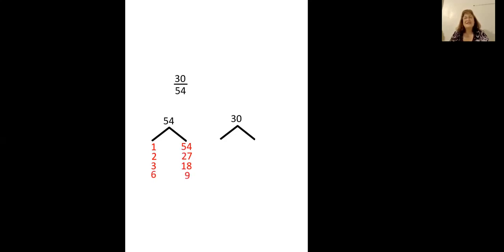The factors of 30 are 1 and 30, 2 and 15, 3 and 10, and 5 and 6. The largest number they have in common is 6. So we'll go up to the top and divide 30 by 6 and get 5. 54 divided by 6 equals 9. So the answer is 5 over 9.